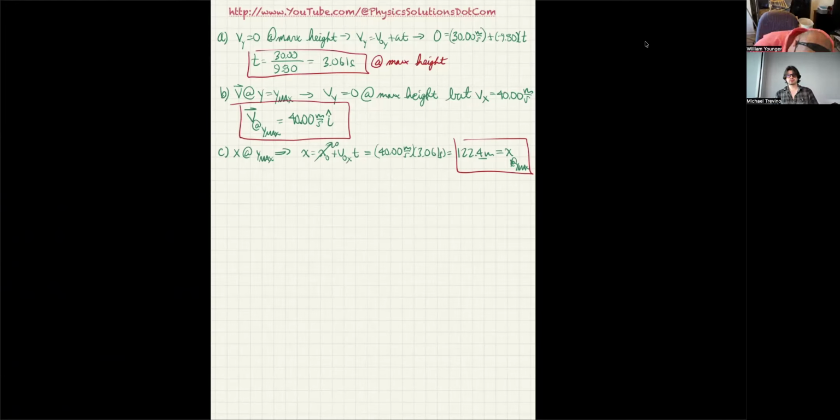I'm going to say for part D, we want to know y max equals question mark. What we know is vy squared is equal to v0y squared plus 2a sub y times y minus y0. What we want to know is y max, so I can put all this in.